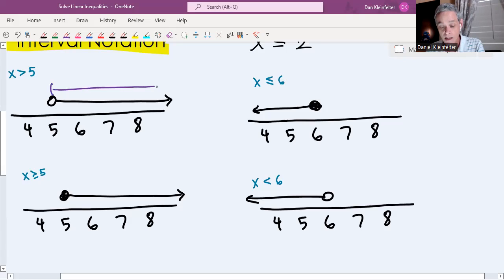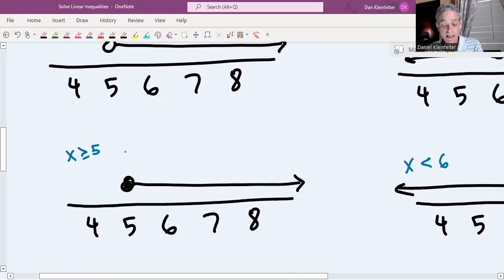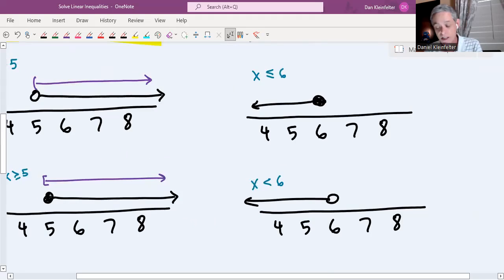So you may see, instead of a hollow circle at the 5, a left parenthesis and then the arrow pointing to the right. To indicate that the point is included, they would use a square bracket rather than a round parenthesis. Of course, we're depicting the same set of numbers, just in a different way.